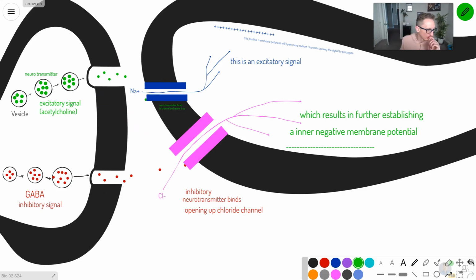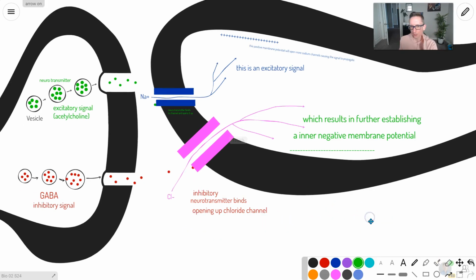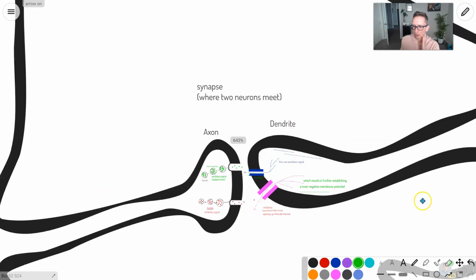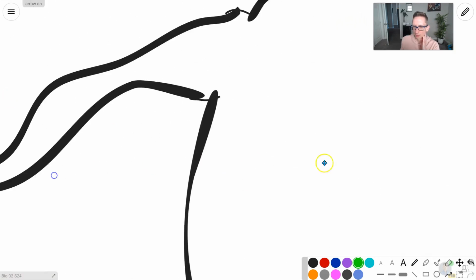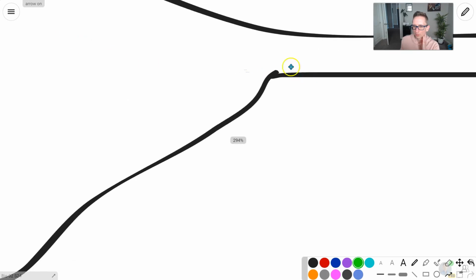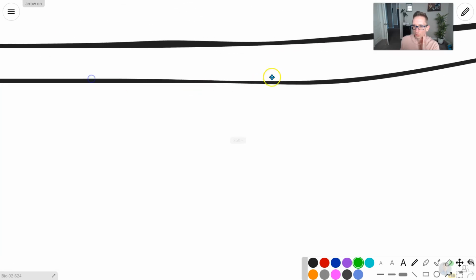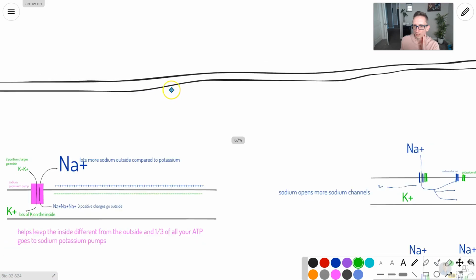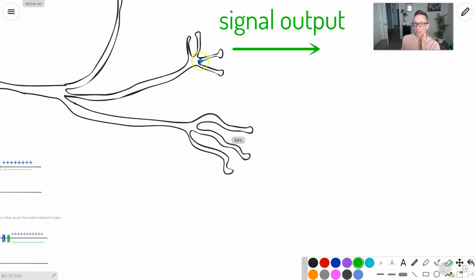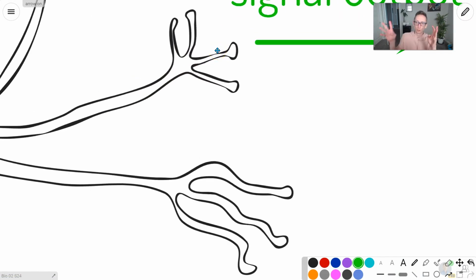All right. Let's do a little typey type. So this is how a synapse works, where two neurons meet. This is how the signal starts, and then it rushes down the entire axon by opening and closing sodium and potassium channels, and then it gets down here, and the whole thing starts again.